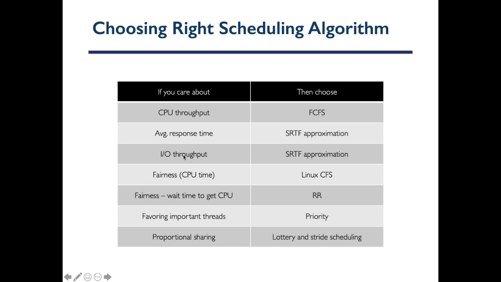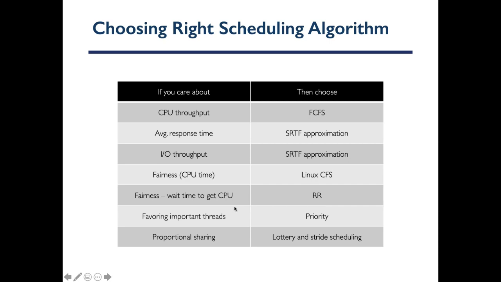The same with IO throughput, go with shortest task first. If you really care about fairness, any of those fairness heuristics or algorithms that we talked about, with the most advanced one being the Linux CFS. If you care about fairness, but instead of CPU time you care about wait time, then round robin is your choice.